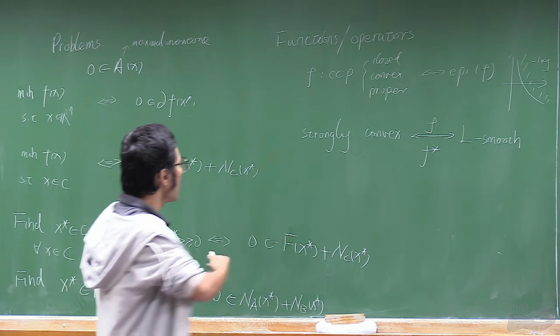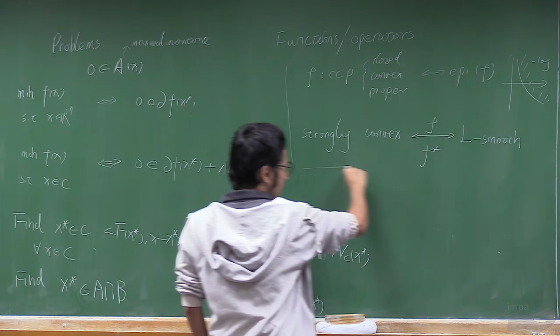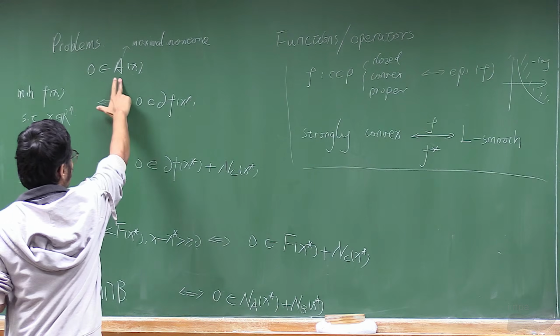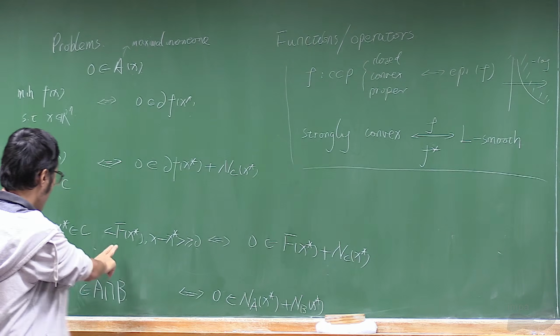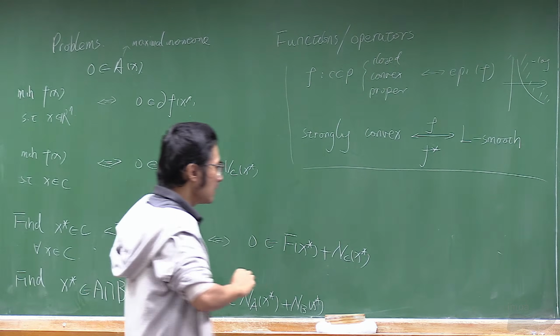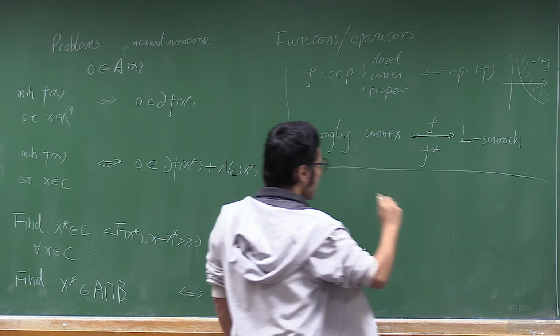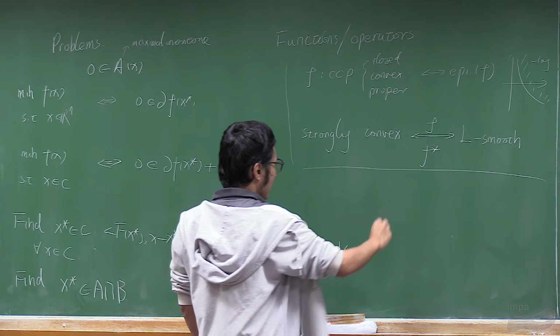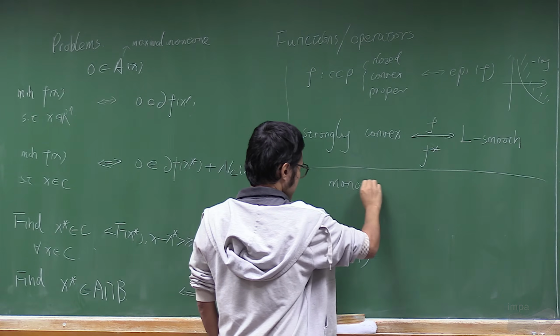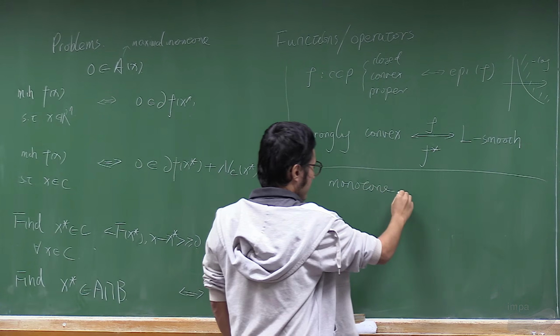We also talked about the properties of some operators, because here we involved operator A and operator F in the variational inequality and the maximal monotone inclusion problems. So we have the most basic one, the monotone operator.